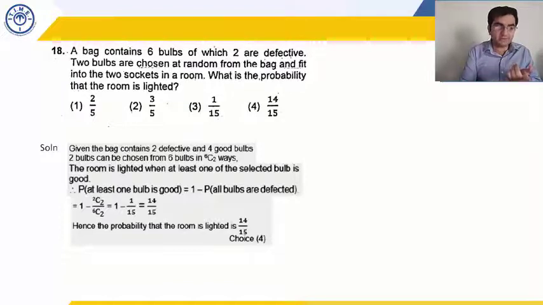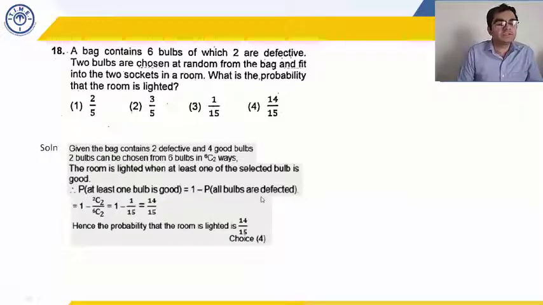Probability that both bulbs are good or not defective. Then you would have to find probability that one is defective, other is not. Then probability that other is good and the first one is spoiled. So 3 things you have to calculate. Whereas over here, the way we have solved, you have to calculate only one thing. That is probability that all bulbs are defective.